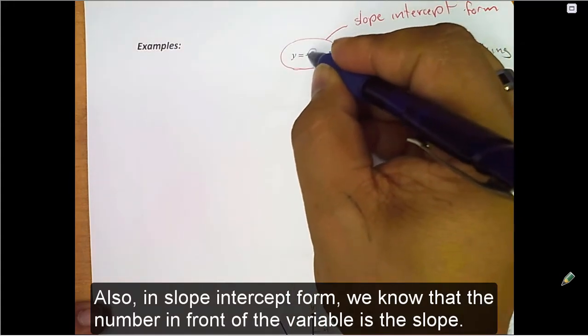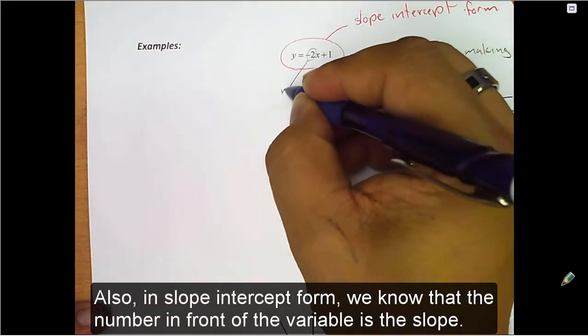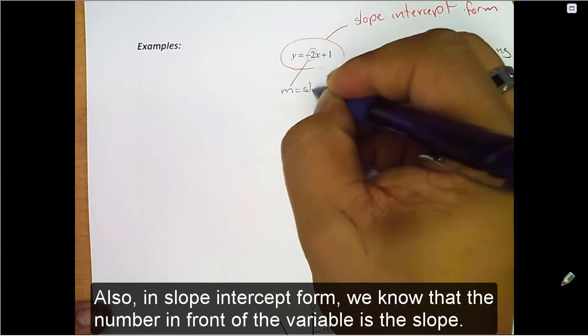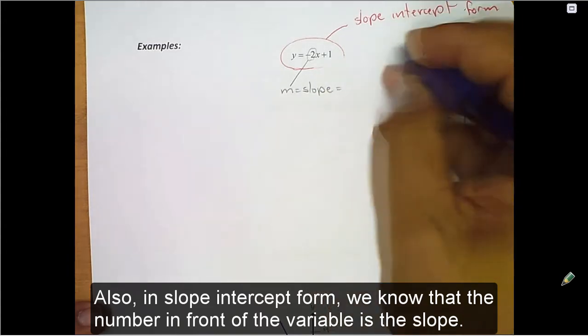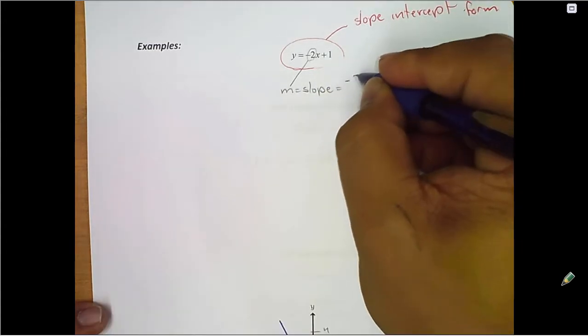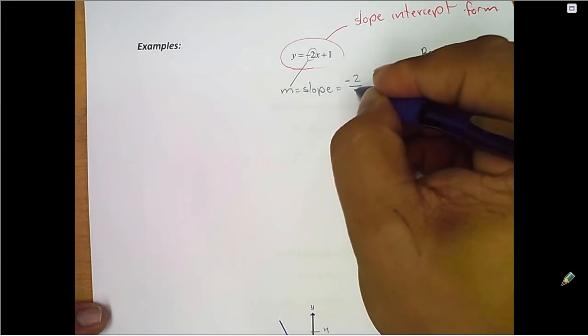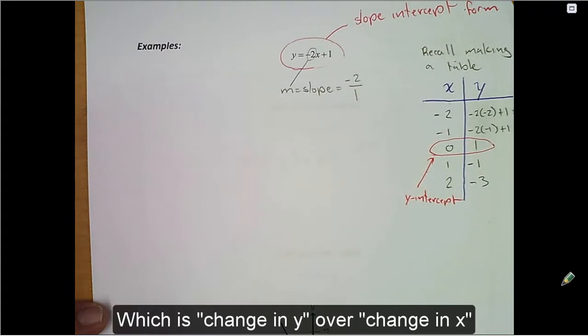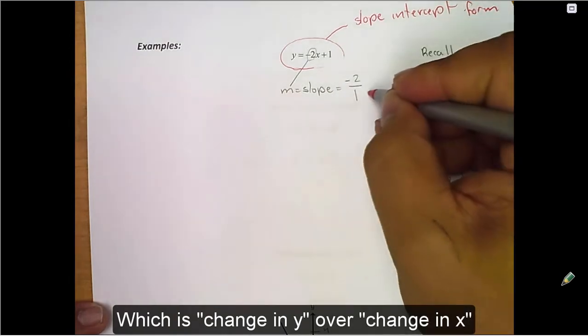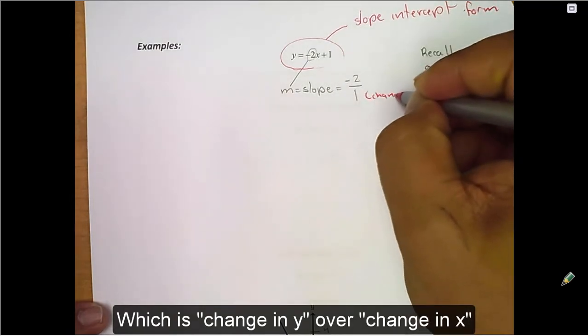Also, in slope-intercept form, we know that the number in front of the variable is the slope, which is change in y over change in x.